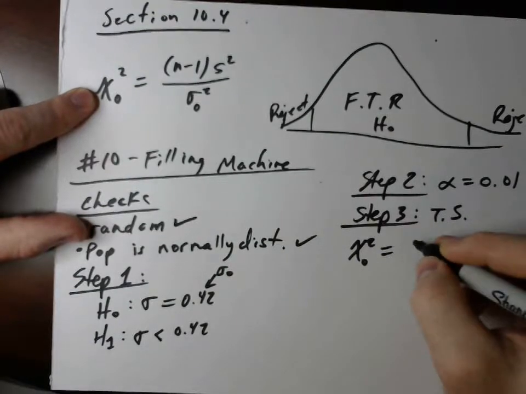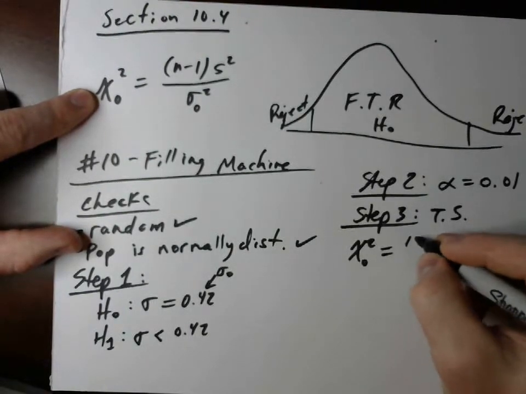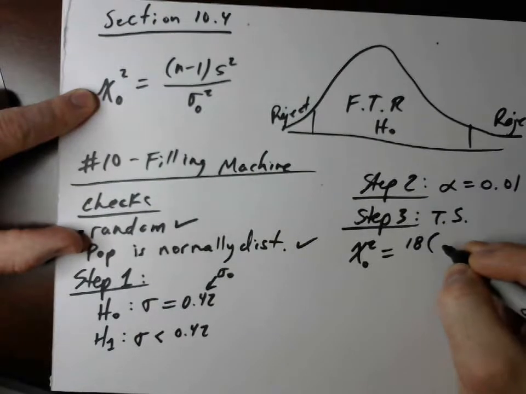is equal to n minus 1. In this case, n is mentioned in the problem. N is equal to 19, so we would have 18, n minus 1, times s squared.